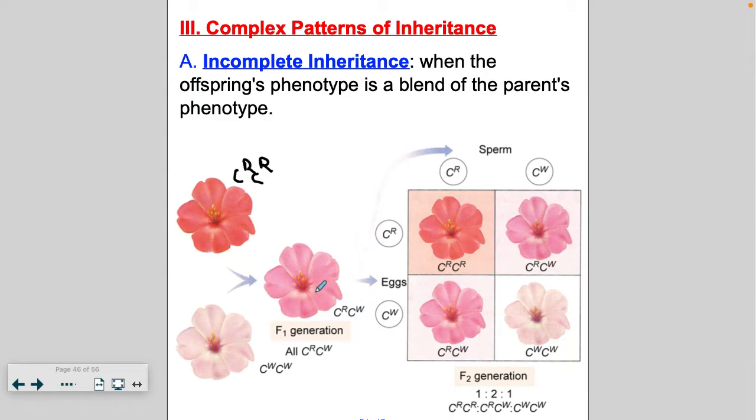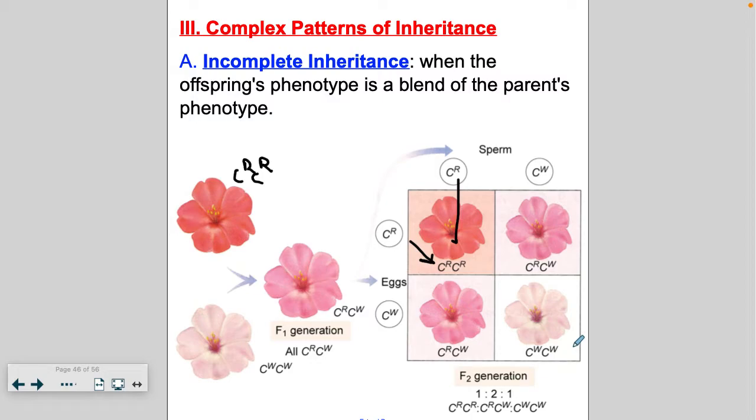So then they said, okay, what if you took two pink flowers? Okay, so we have a CR CW and CR CW, fill in the Punnett square. All right, so there's the CR CR, red. CR CW, pink. CR CW, pink.